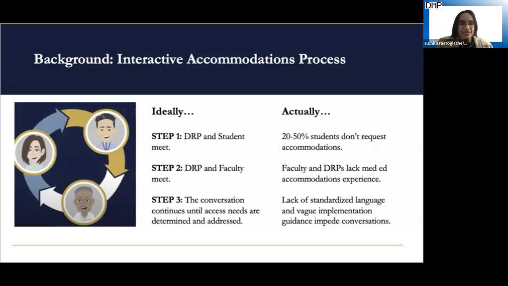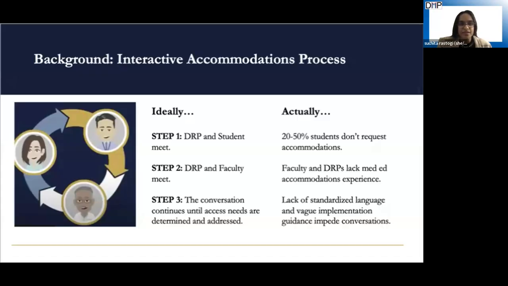Ideally, this involves an iterative and informed conversation, or a series of such conversations, first between the student and their disability resource professional, or DRP. And then the DRP has another conversation with relevant clinical faculty or program leadership. And there are continuing cycles of these conversations until access needs are met in such a way that the full rigor of clinical training is preserved.